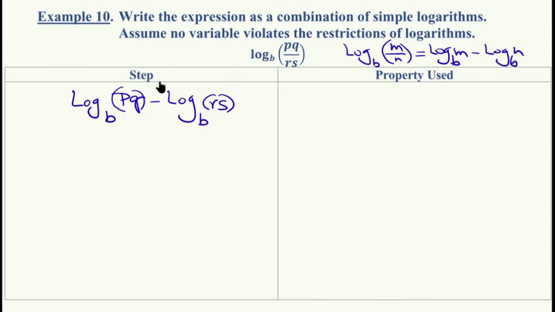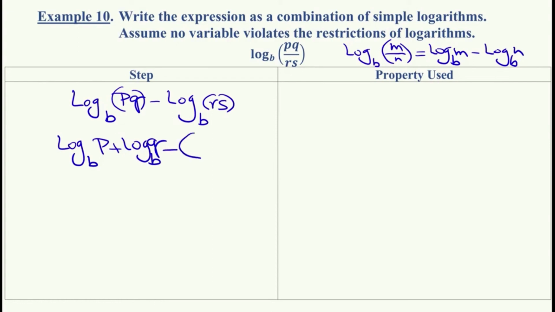So now we notice that we have two products that we can deal with. So we have a log of a product here and a log of a product here. So the first one gives me the sum of the logs. So log base b of p plus log base b of q minus, I am going to need parentheses here.